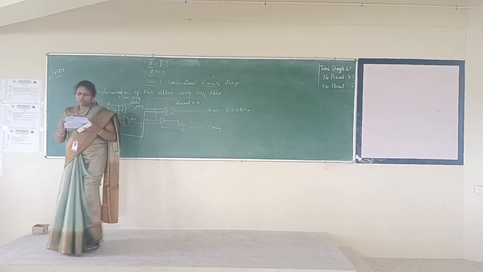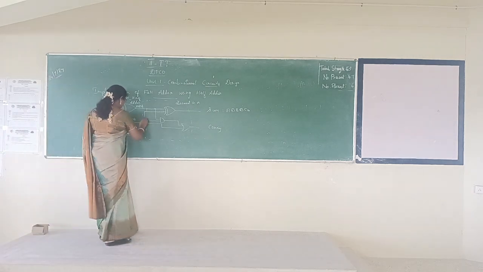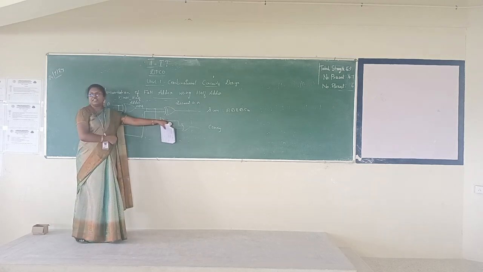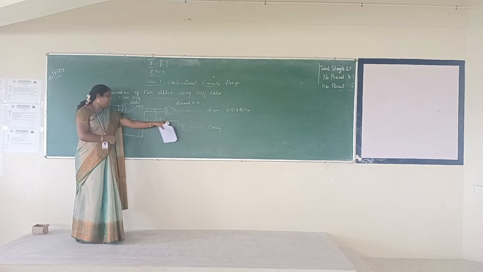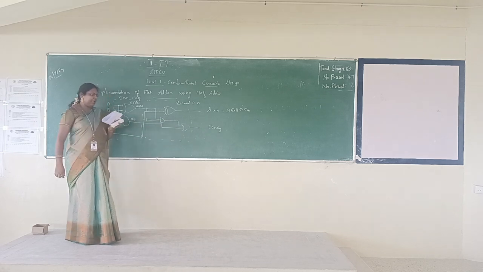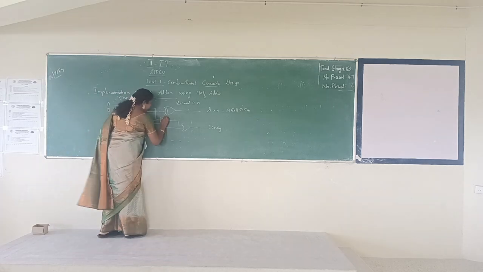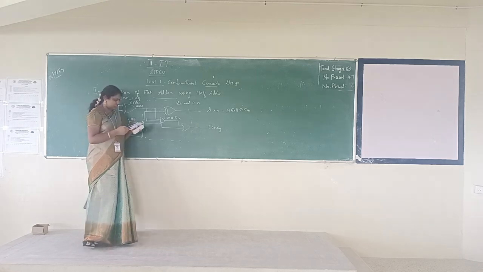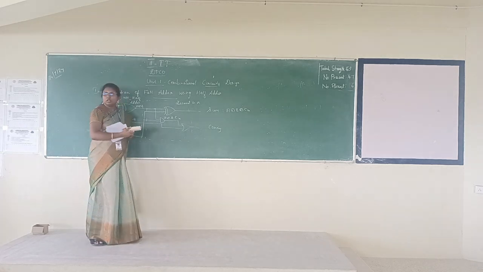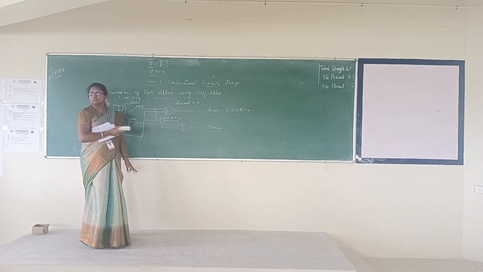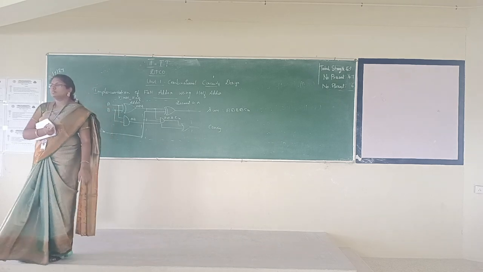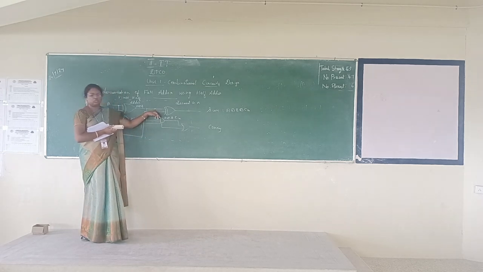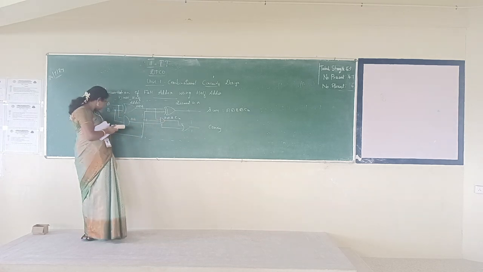What's the carry? The carry from the second half adder is (A XOR B) AND C, right?